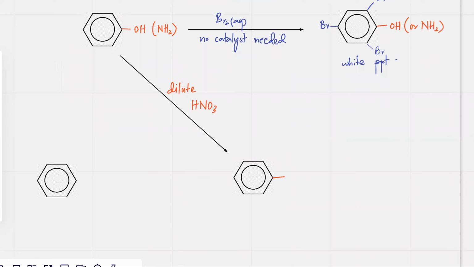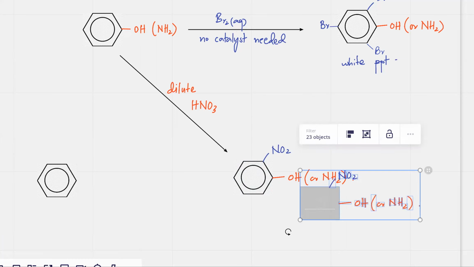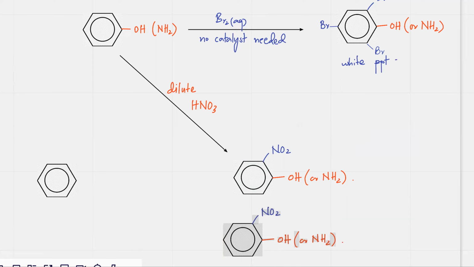The OH or NH2 would still be there, and either you're going to have the NO2 at position number 2, or it's going to be present at position number 4.